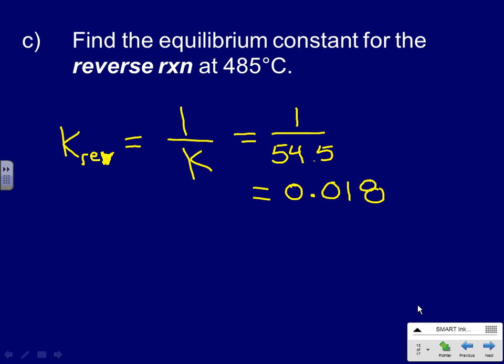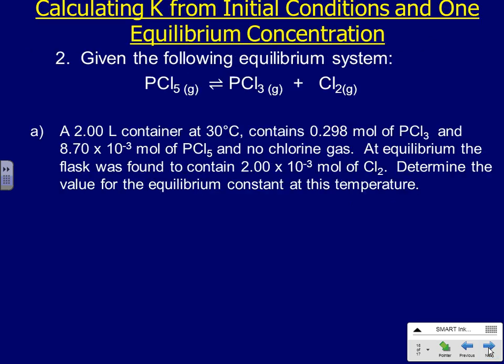We need one more digit on the back end of that. 0.0183. Okay. So that's just covering all the bases for that equilibrium expression.